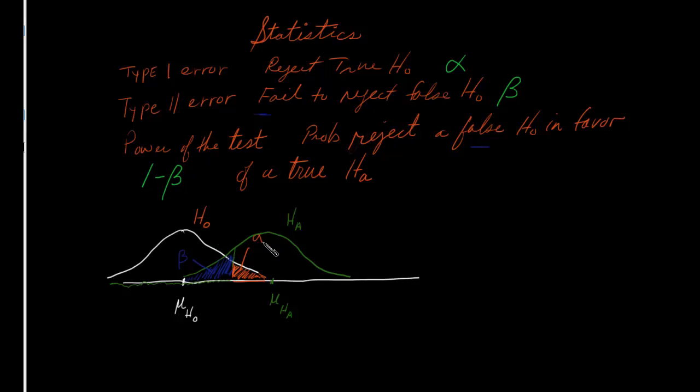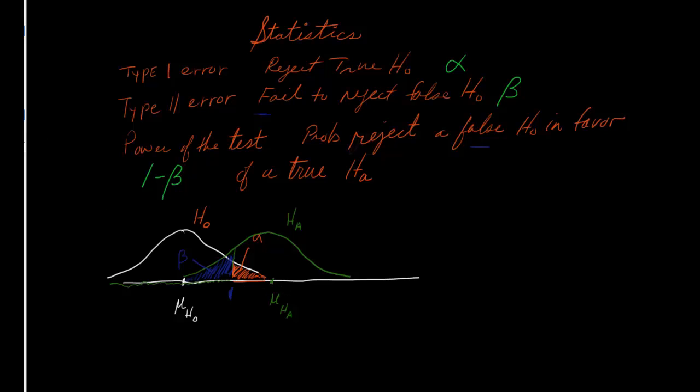Well, if this is the true alternate, I'm going to reject the null hypothesis if my test statistic falls anywhere above this value right here. If it falls above that value, we say it's in the critical region for testing H0, and we would reject the null hypothesis.